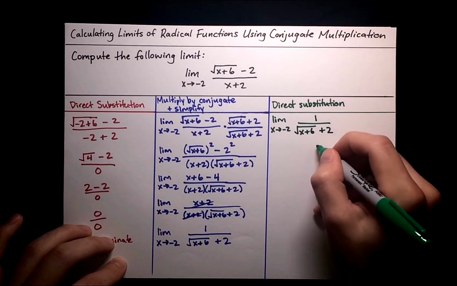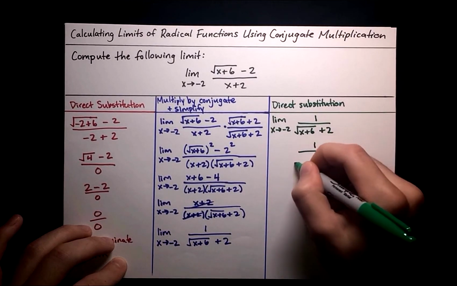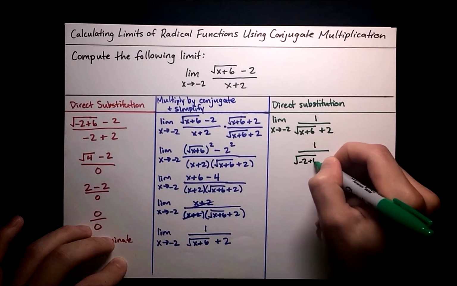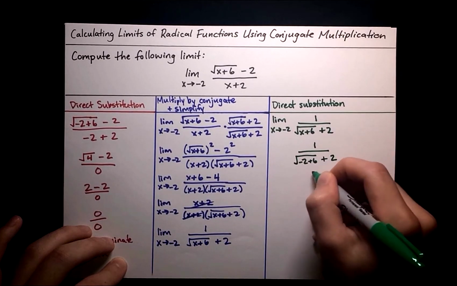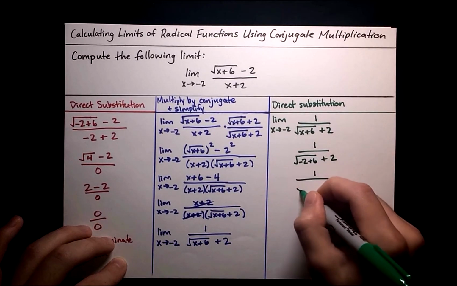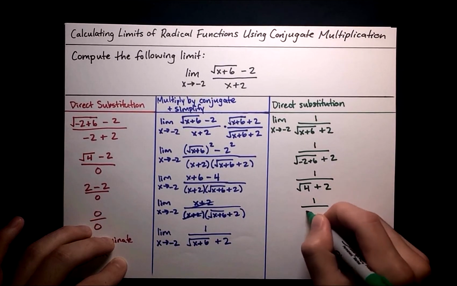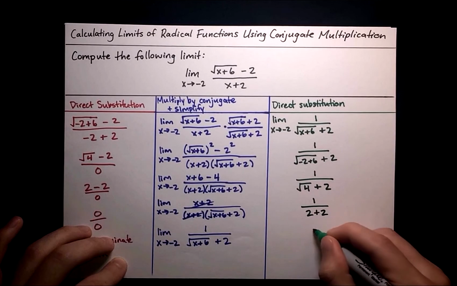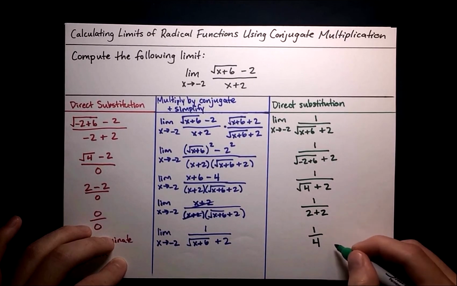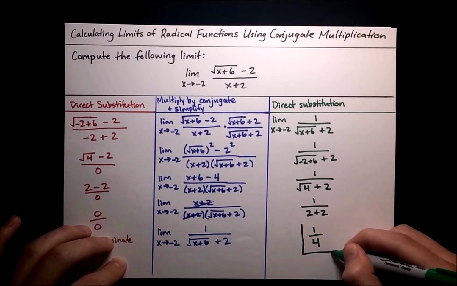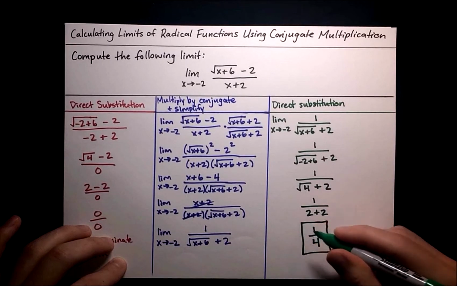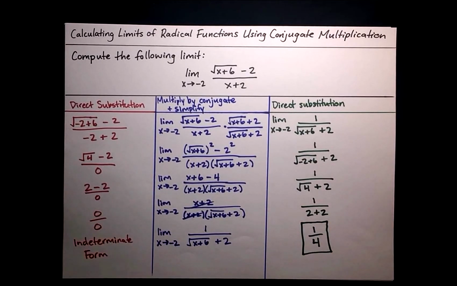So let's go ahead and plug in x equals negative 2, so 1 over root of negative 2 plus 6 plus 2 becomes 1 over root of 4 plus 2. Root of 4 is just 2, so 1 over 2 plus 2, and that comes out to 1/4. Hey, that's a lot better. We get a sensible result this time, so that is the value of the limit. The limit is equal to 1/4.